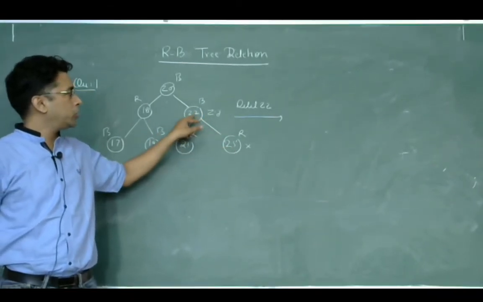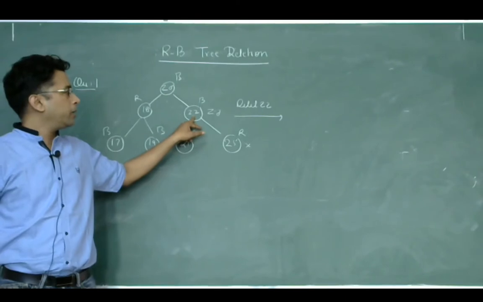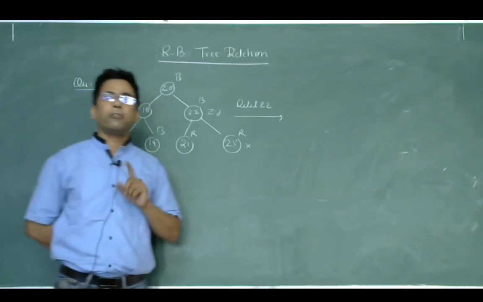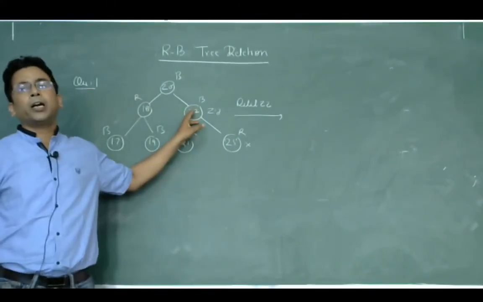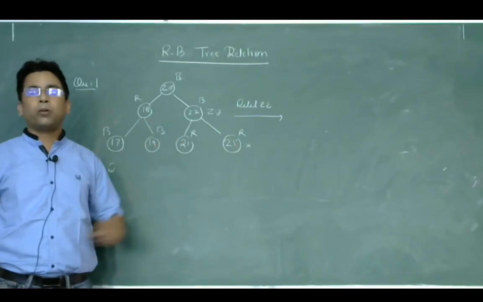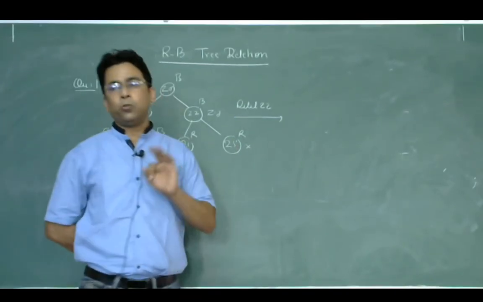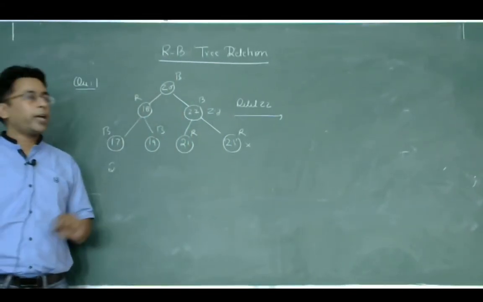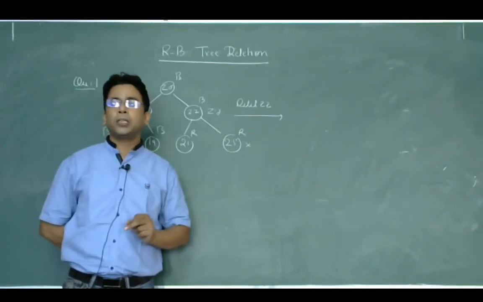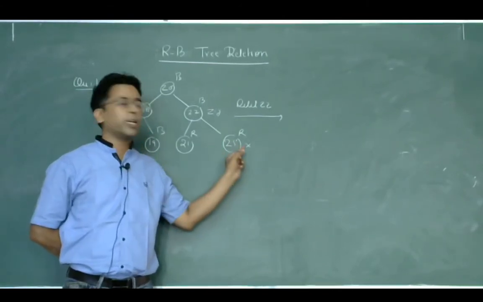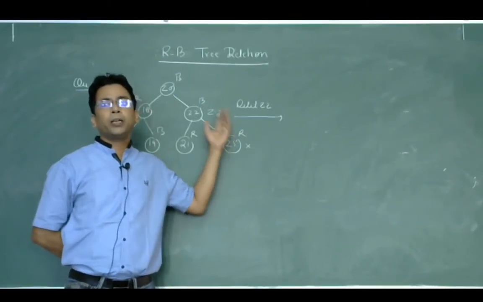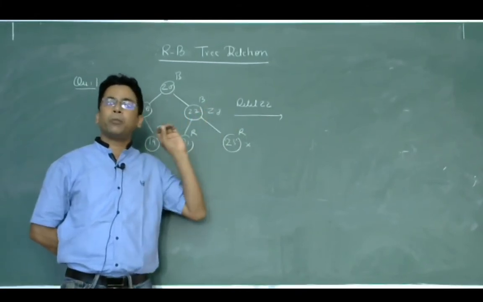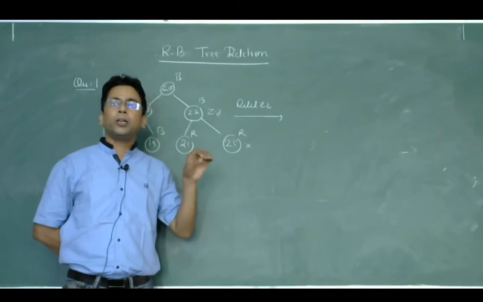We simply replace this node by this x value, and the while loop will be terminated, and after the while loop we color that node black, because in the algorithm the while loop runs only when x is black. When x is black, the while loop or fix-up procedure runs. If the x color is red, then we simply go out of the while loop, replace that element and change the color of that node into black.